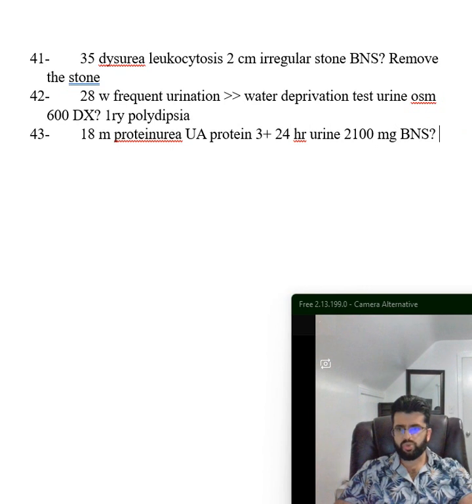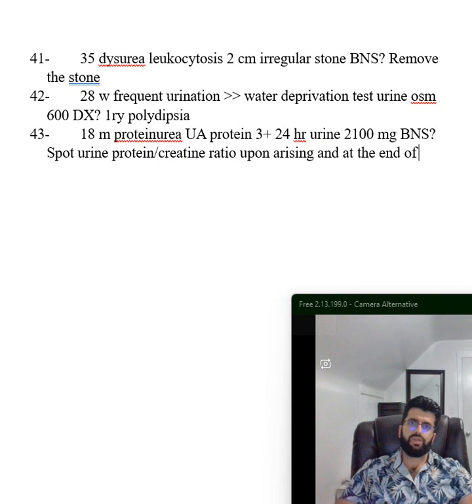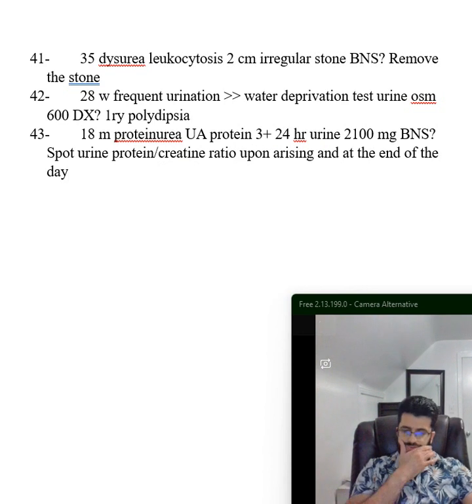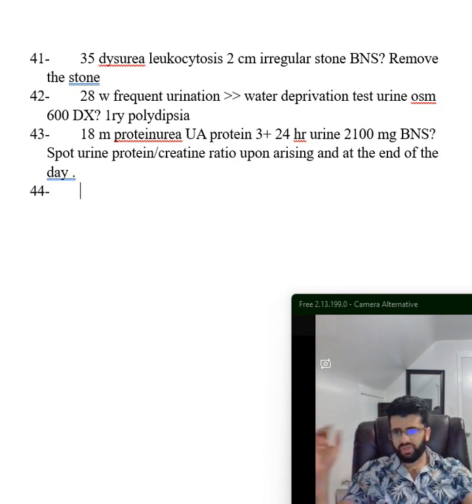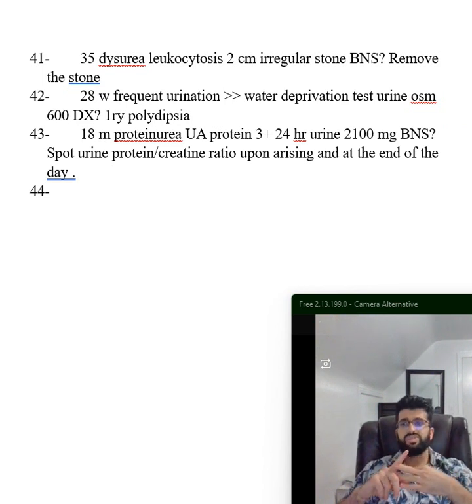Best next step, you do spot urine protein creatinine ratio upon arising and at the end of the day. Okay, this is what you want to do, because this can be orthostatic proteinuria. So there's different types of proteinuria: transient, orthostatic, and persistent.